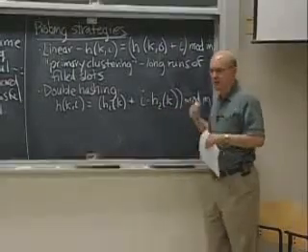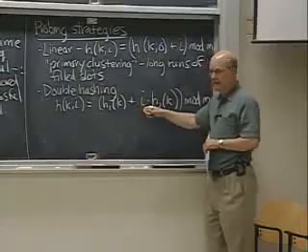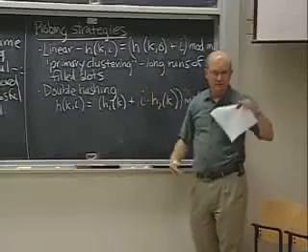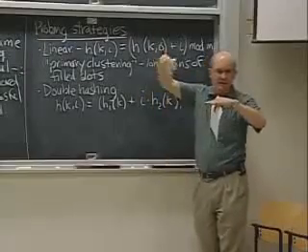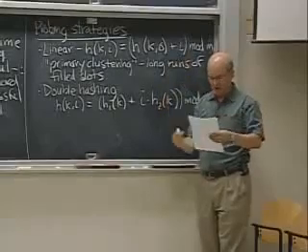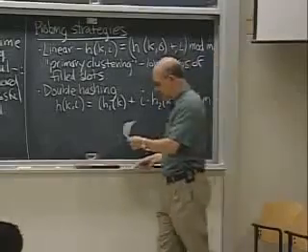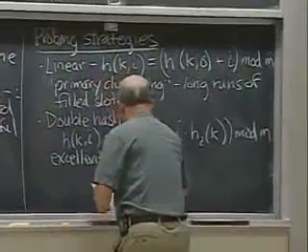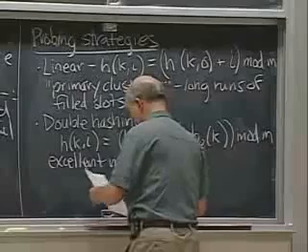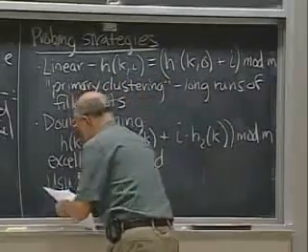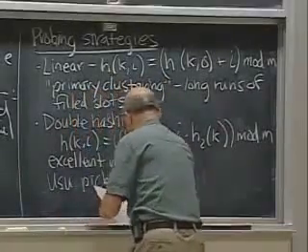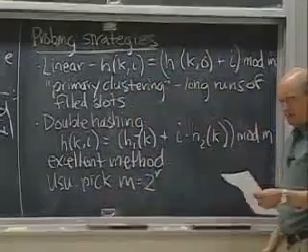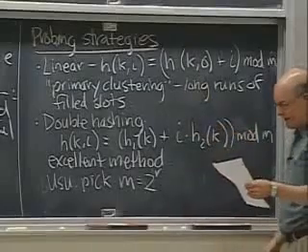You compute two hash functions up front, or you can delay the second one, but basically compute two up front, and then you just keep adding the second one in. You start at the location of the first one and keep adding the second one, mod m, to determine your probe sequence. So this is an excellent method, and it does a fine job. You usually pick m to be a power of 2 here, usually with the multiplication method, for example.